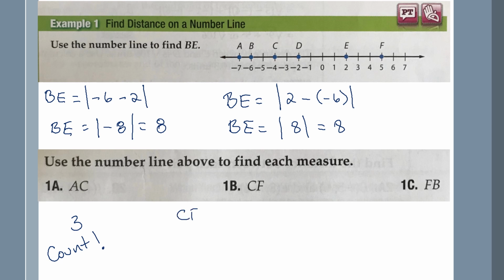using the formula. So CF would be equal to the absolute value of negative 4 minus 5, and that's going to be equal to the absolute value of negative 9. So CF is equal to 9.